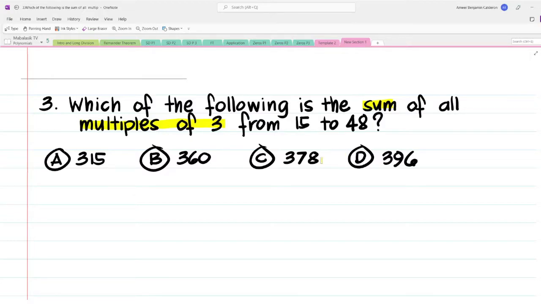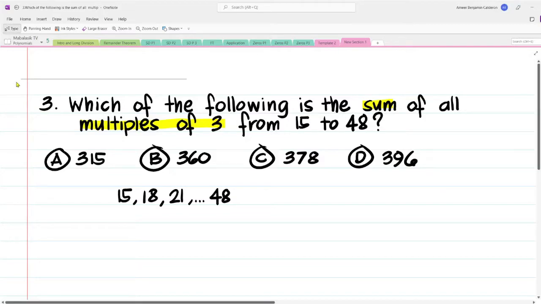So, mag-start tayo sa 15. So, that's 15, and then we have 18. That's also a multiple of 3. And then 21, and so on until 48, which is also a multiple of 3.